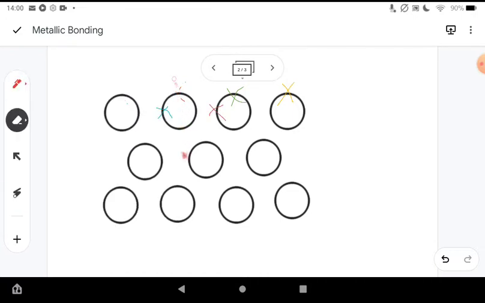So it kicks that one off, and then that one's going to kick off the green one. So the green one's going to go over here, and you get the idea. And then the yellow one moves over here, so it's no longer up there. What's going to happen is the electrons are just going to bounce from nucleus to nucleus, which means they haven't actually got a home. They haven't got a location, so we call them delocalized. So these are now delocalized electrons.